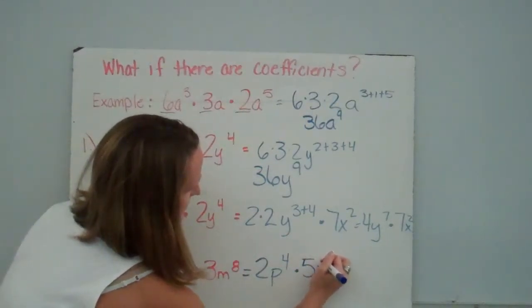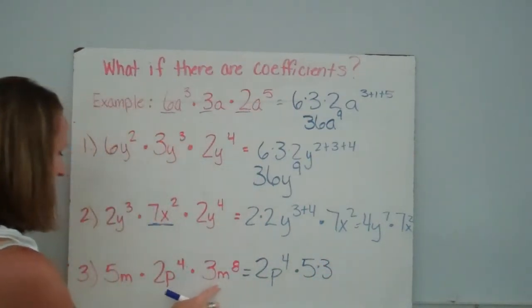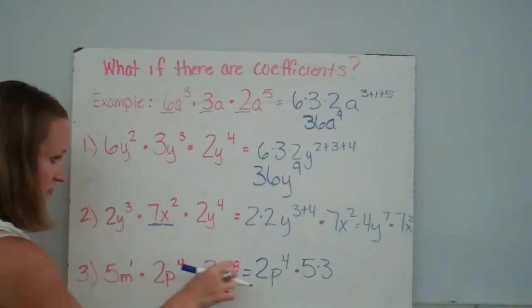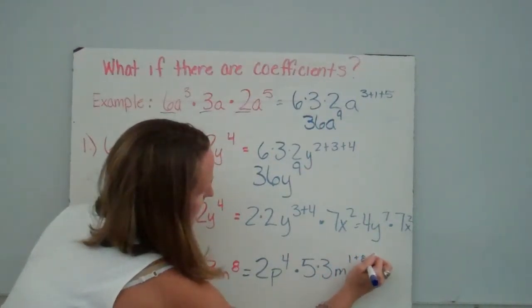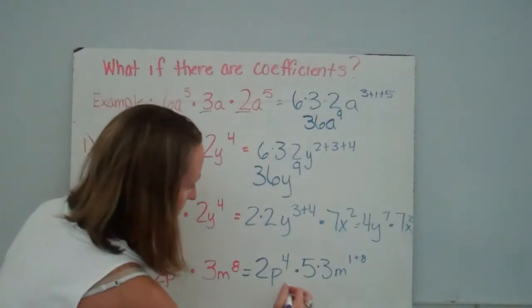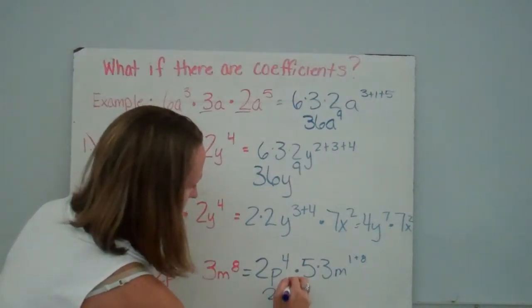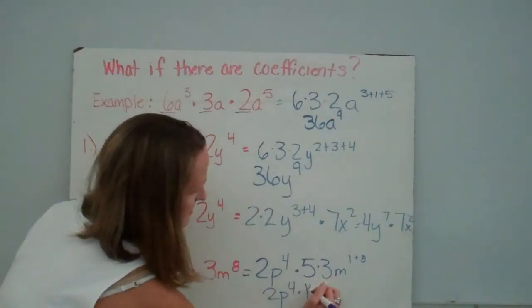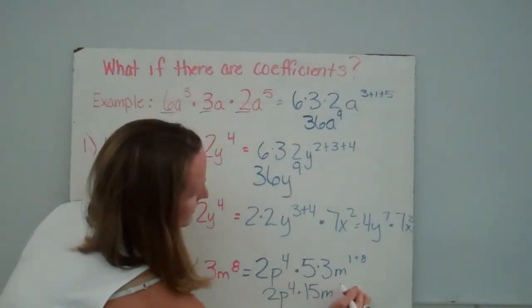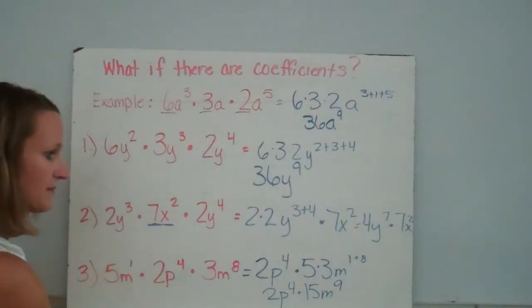M is going to be, remember, 1 plus 8. So now my answer becomes 2p to the 4th times 5 times 3 gives us 15, m to the 9th.